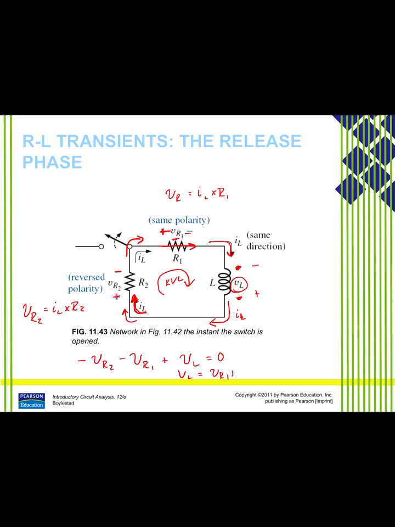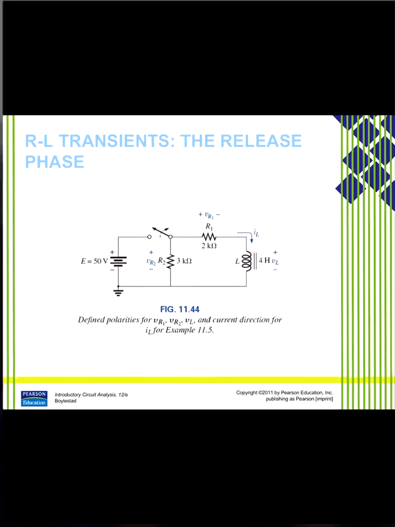So that tells us that VL is actually VR1 plus VR2. So we're going to see a very significant change in voltage here, because remember, before the release phase, our inductor was a short circuit and VL was 0. Now we're going to see a very big surge of voltage in the opposite direction from where we started.